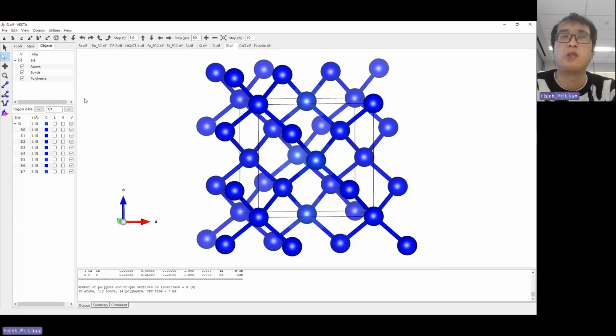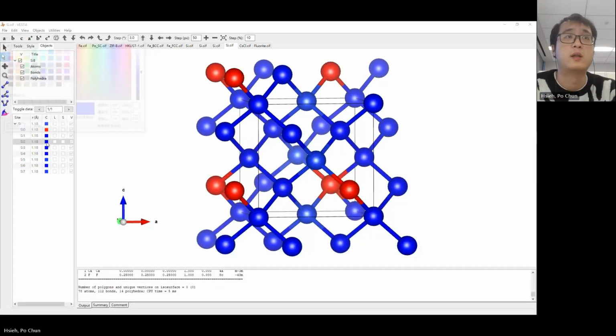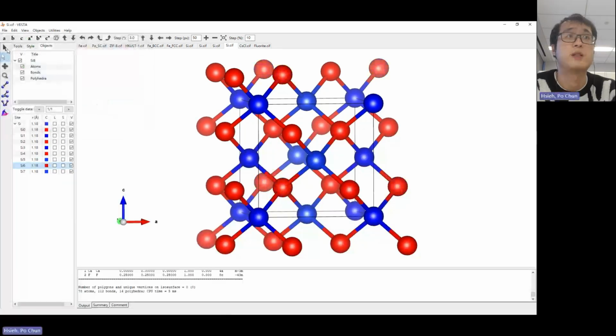So actually, the crystal of silicon is composed of these two types of silicon arranged at each equivalent point of the face centered cubic. So in order to show that, I'm going to color the other type of silicon in red to better show that.